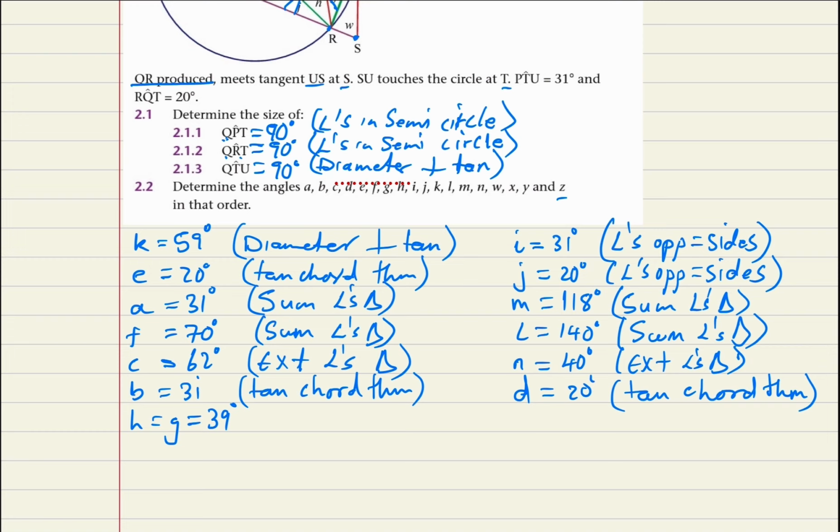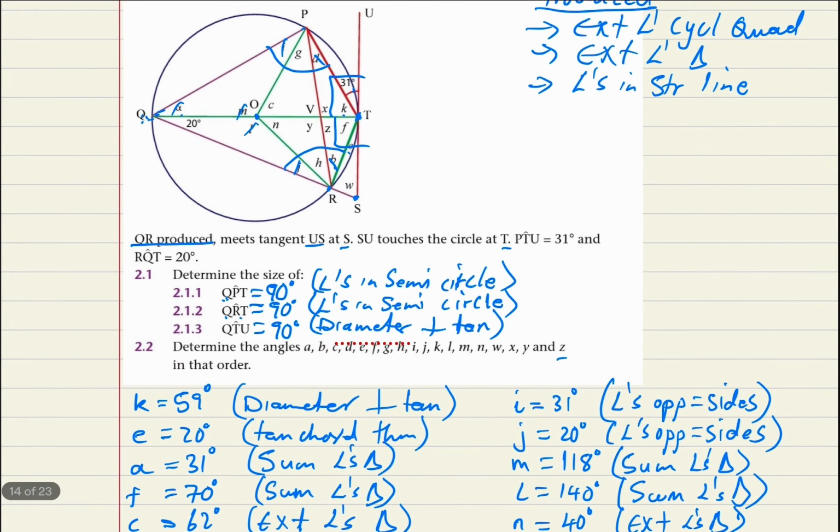Why do I say so? The reason I'm saying so, it's because of the sum of angles of a triangle. Sum or one will say these are angles opposite equal sides. Okay, so I've just found them very quickly.